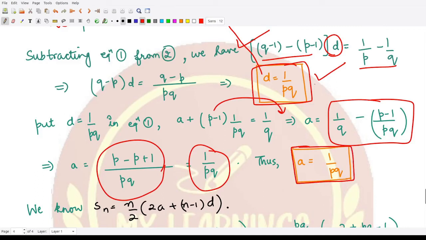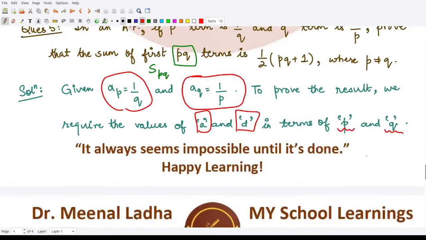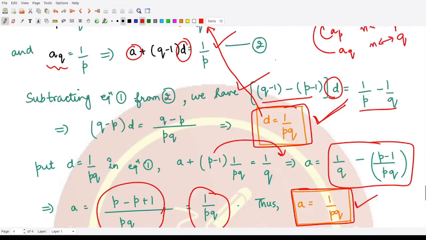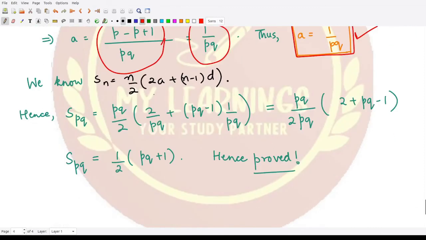Now we have the value of d and the value of a, so we can very easily calculate the sum of the first PQ terms. That means we would calculate S of PQ. We know Sn is equal to n by 2 times (2a plus (n minus 1) d).